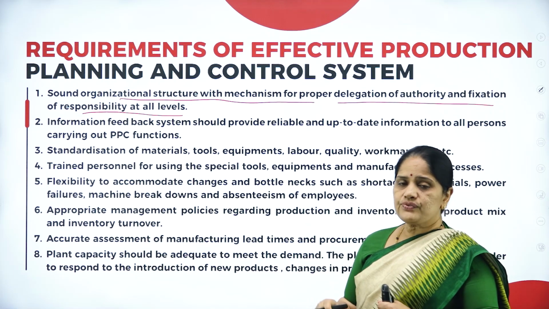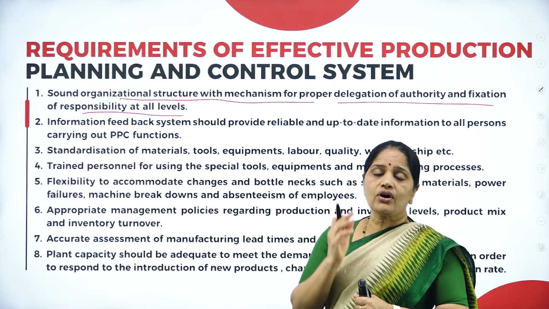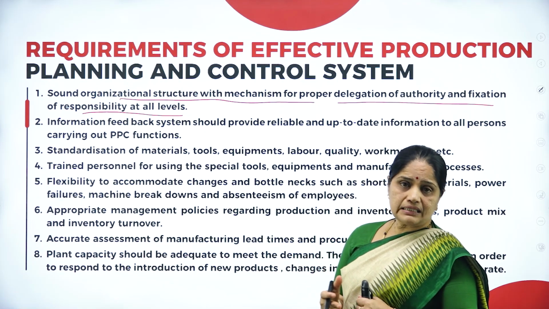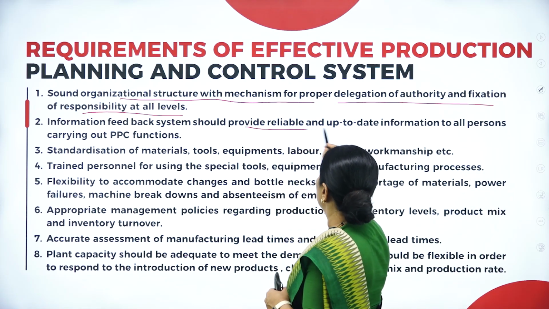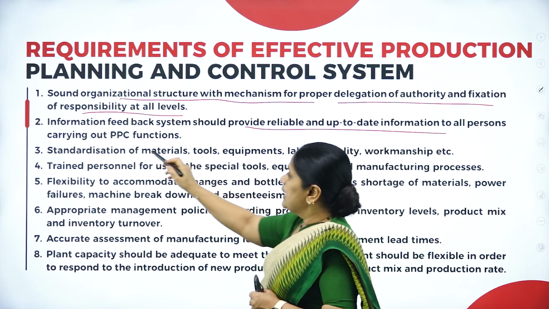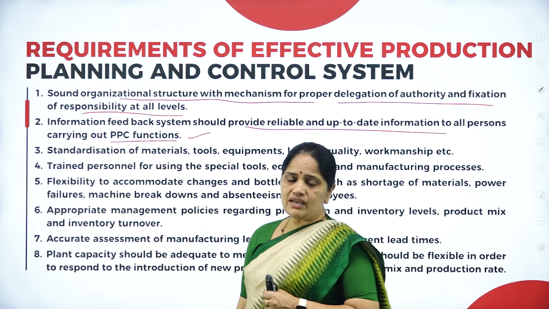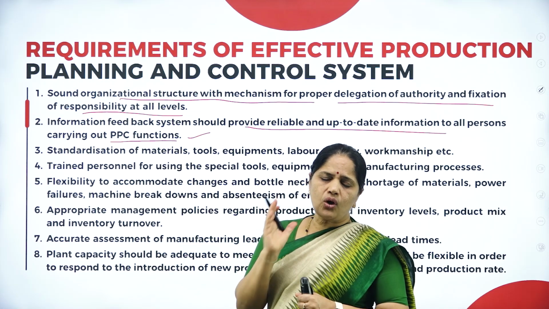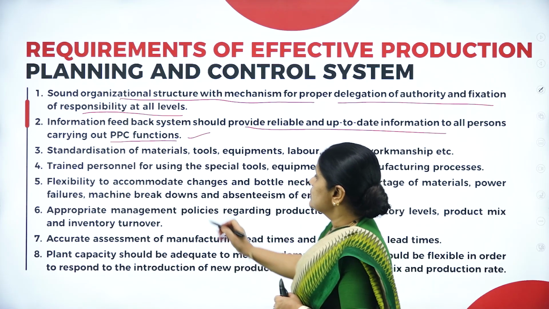So, once you transfer the authority, you have to see that that person is responsible for any activity done under that authority. Then, information feedback system should provide reliable and up-to-date information for all persons who are carrying out the PPC function. So they have to closely monitor, they have to know what is going on in the production house.